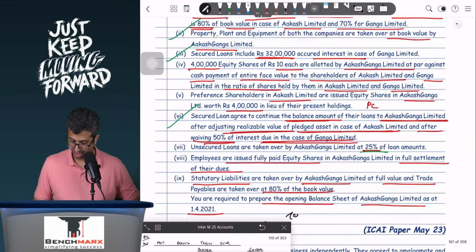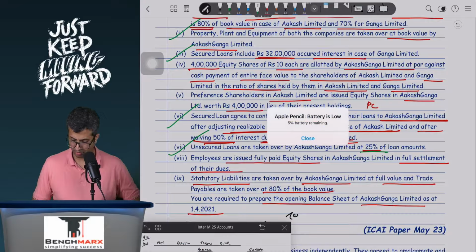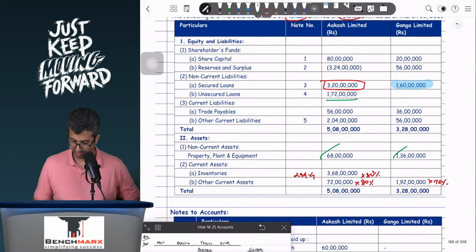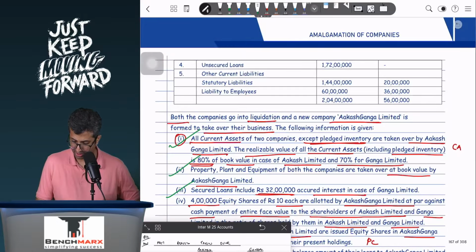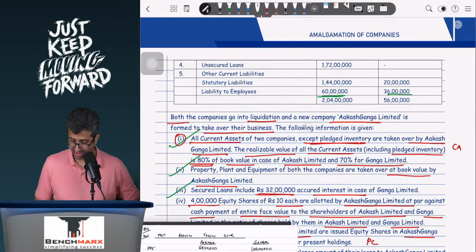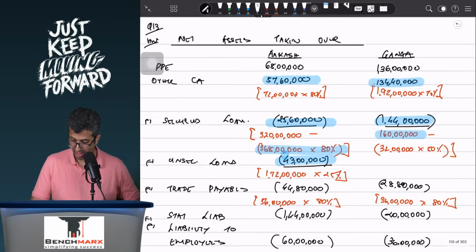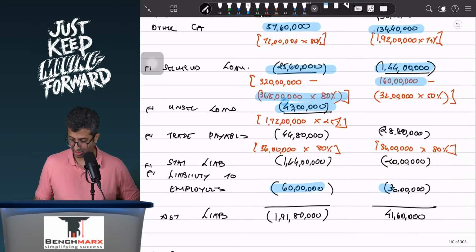Next, you will have employees are paid their dues in equity shares, but still they are going to be paid. And hence, if I look at the employee, is there any employee liability somewhere? Yes, 60 and 36. I will take it as it is. I'm issuing shares, yes, but 60 and 36 has to be paid though in shares. Statutory liabilities also will be at book values, 144 and 20.